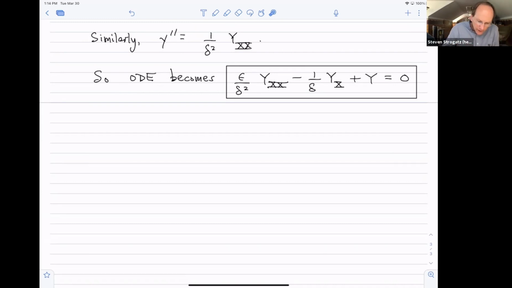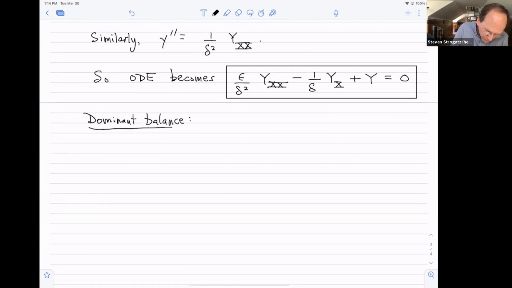At this stage, the kind of argument that we're going to make is a dominant balance argument. We did this earlier in the course when we were solving equations asymptotically at large x or small x. Similar here, except that we're now going to do dominant balance on the parameters.